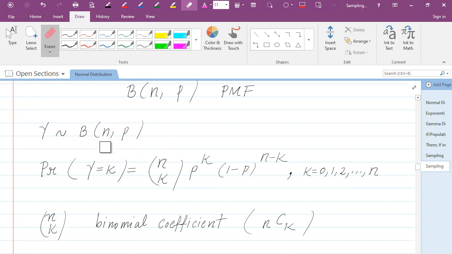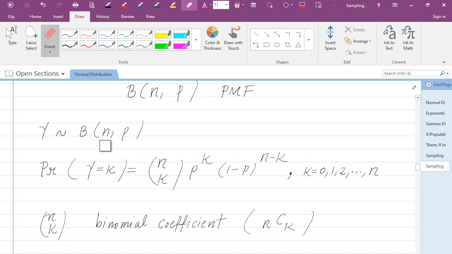Now the n trials could be exactly like tossing a coin n times. Or the trials could be that we are taking a sample of size n from the set of all voters, and each one of them is asked whether or not they prefer Trump, so each trial is basically asking a voter who they prefer.